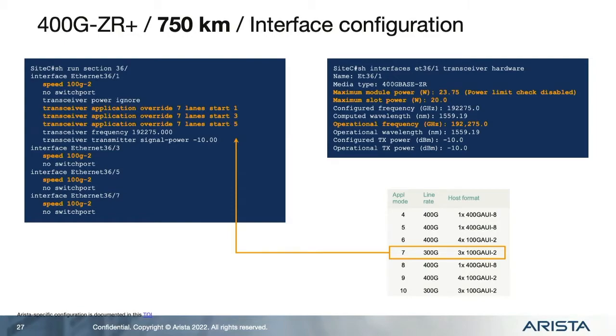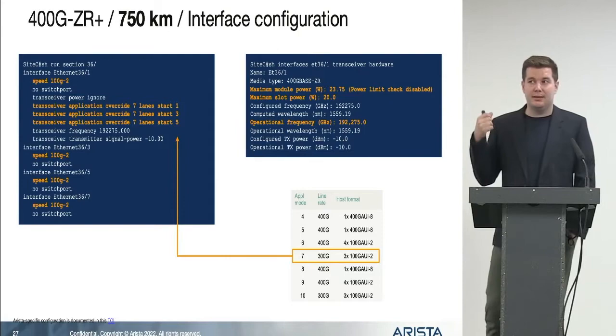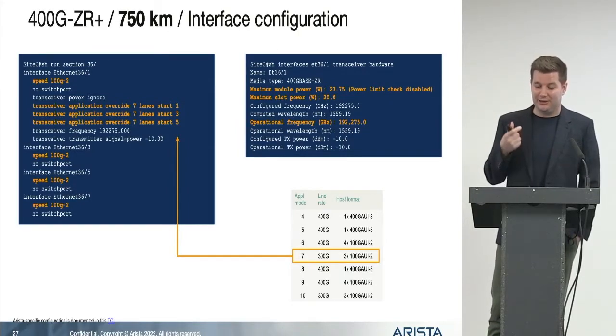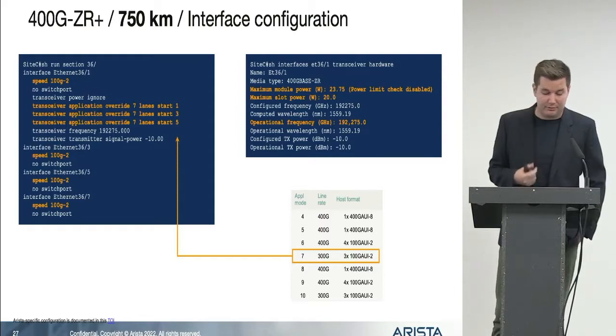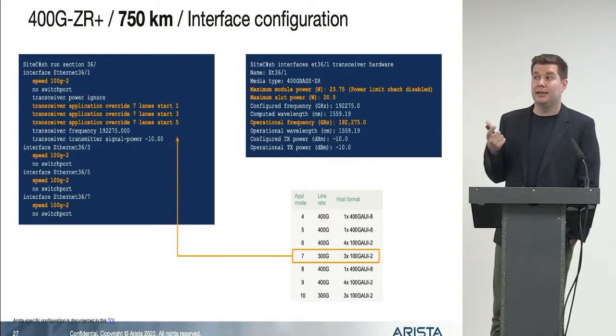Now looking at the longer link, the 750 kilometer link, we're actually going to be using channel mode 7. What that means is we are going to be reducing the bandwidth down from 400 gig to 300 gig. But in terms of presentation electrically on the link, it is actually going to present itself as 3 100 gig lanes.